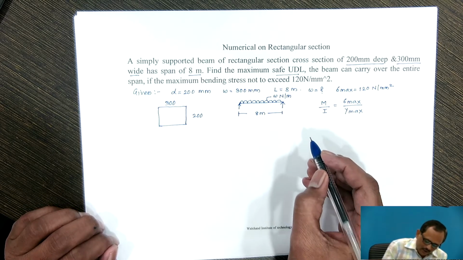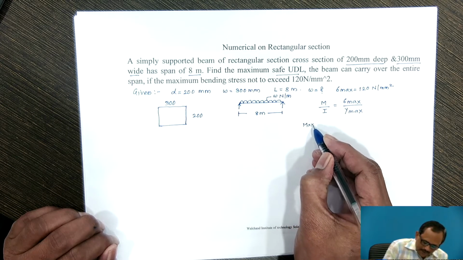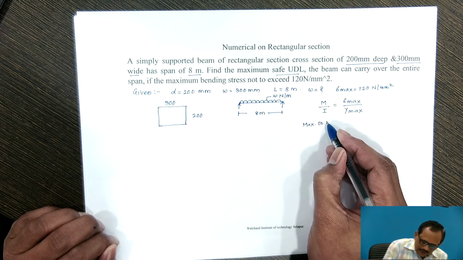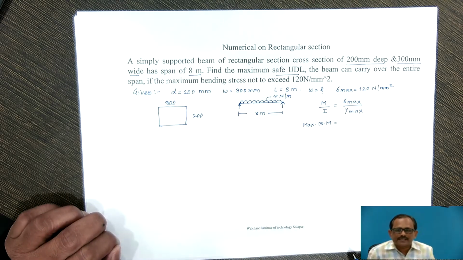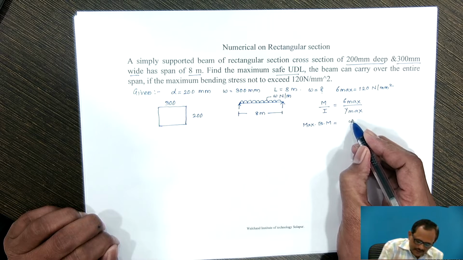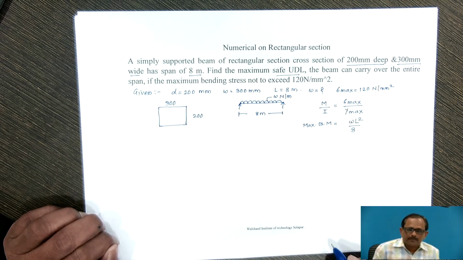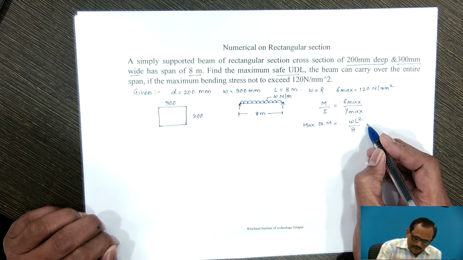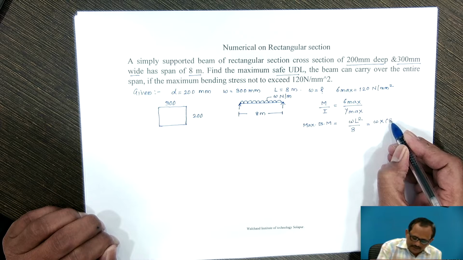So, let us find out the maximum bending moment. As the beam is simply supported and carries UDL over its entire length, the maximum bending moment is given by the equation WL square upon 8. The weight of load is unknown, the length is given as 8 meter.